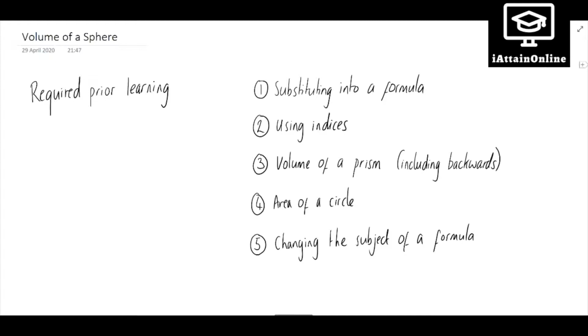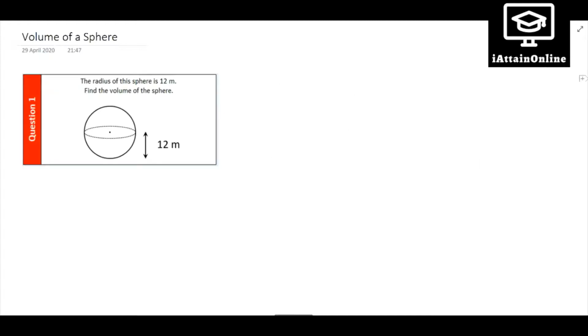It's quite useful to be able to find the area of a circle, and also changing the subject of a formula. The last two or three are really going to be handy with the third and fourth example that I'm going to go through. So to start with, you could be given a sphere.